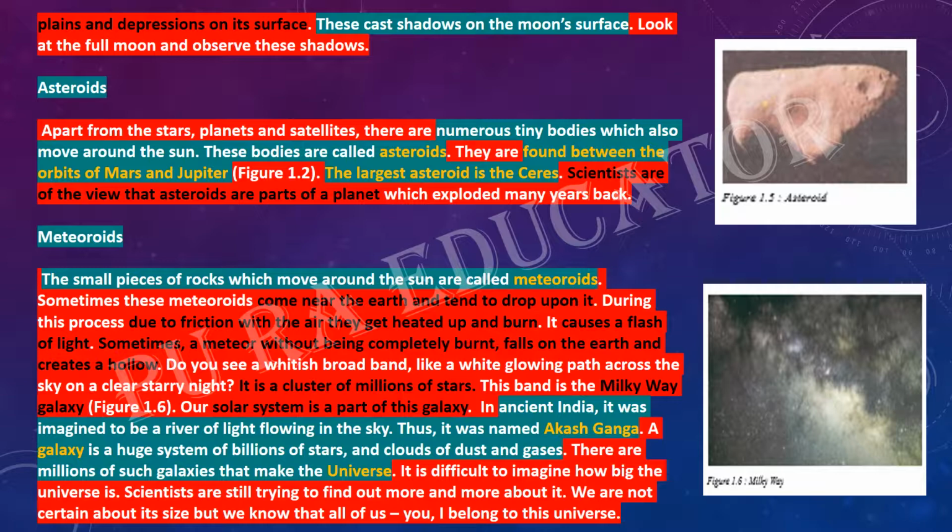A galaxy is a huge system of billions of stars and clouds of dust and gases. There are millions of galaxies which make up the universe.